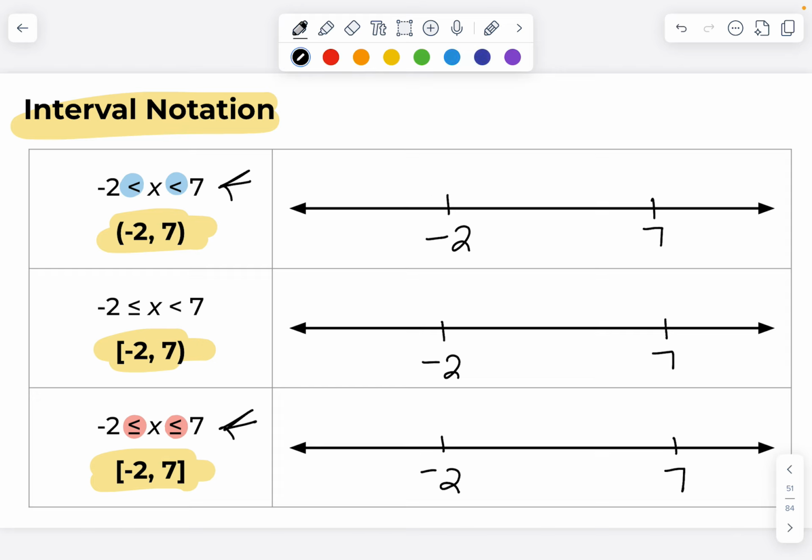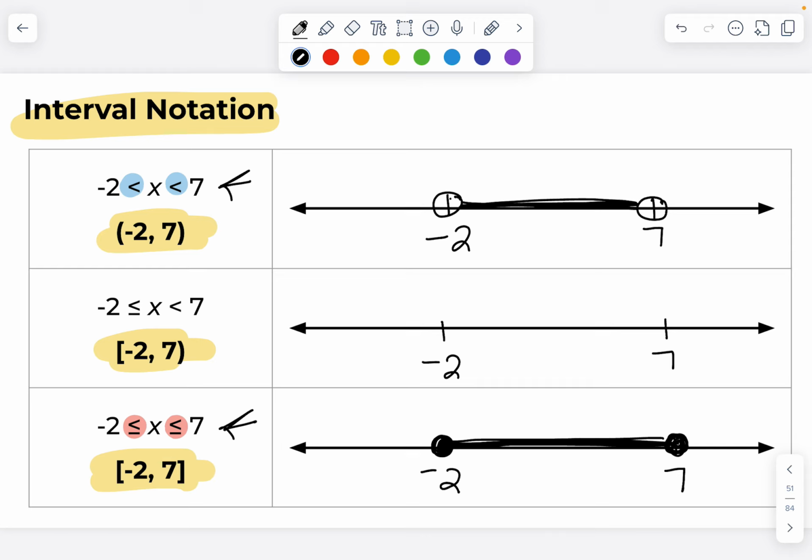On a number line, if we equal the value, we use a closed circle at that value, versus an open circle when I don't equal the value. Then I would shade the portion between -2 and 7, because I'm looking at all the values that are greater than -2 but less than 7.